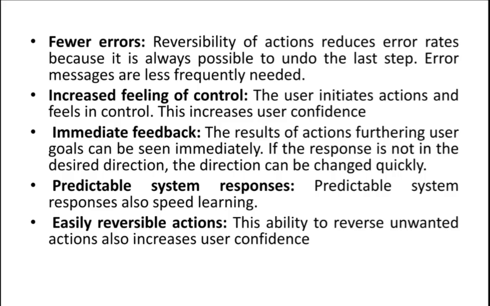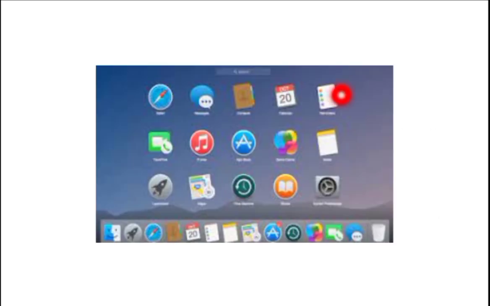That's why. And another advantage is easily reversible actions. That means if you want to undo something that is done, it is possible. For example, if you accidentally open the messages, if you want to close those messages, you can just close it.